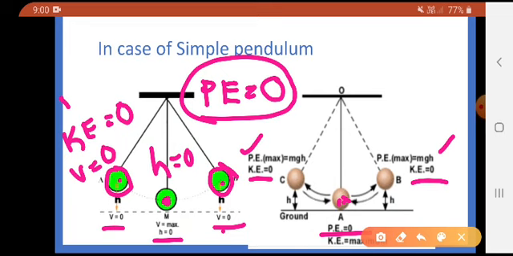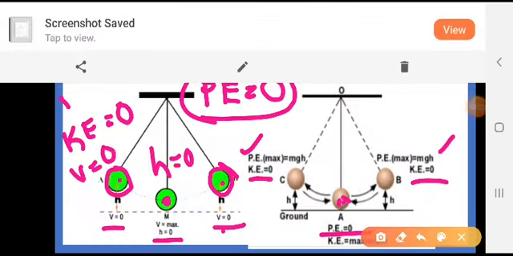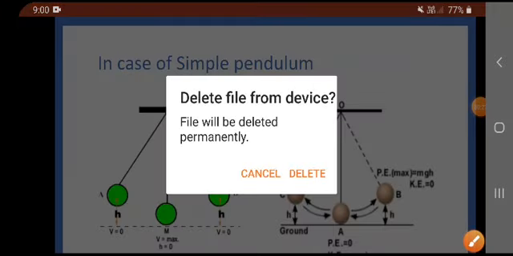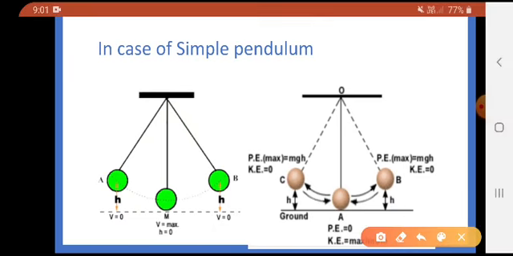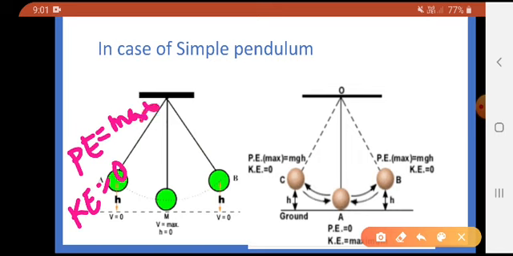So at the extreme positions, potential energy is maximum and kinetic energy is 0, because v is 0 and height is maximum.